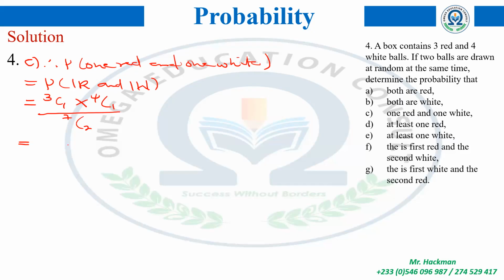Your denominator, we said, will be 21. 3 combination 1, any number combination 1 is the number itself, 3, times 4. That will give us 12 on 21. But here you can simplify before writing 12 on 21. So simplify and give me the answer straight away.